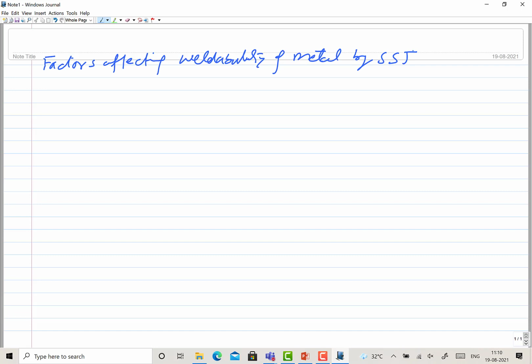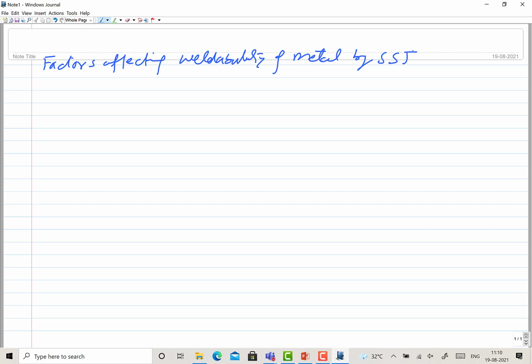If you change the approach, the ease of joining is affected significantly. That's what I talked about earlier, like the procedure, the purpose, and the fabrication conditions are those bigger or higher level factors which need to be considered while evaluating the weldability or ease of joining of the metals.